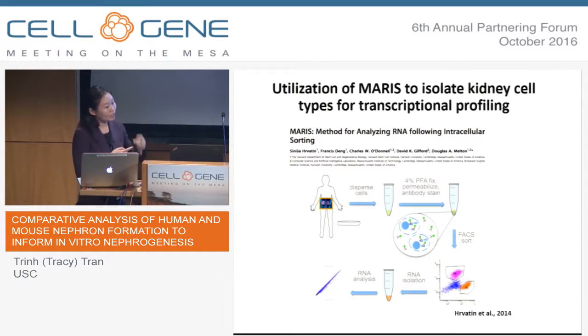We have another work in the lab that employs MACS technology to isolate different cell types in the human kidney, because obviously we don't have GFP-positive cells from the human samples.